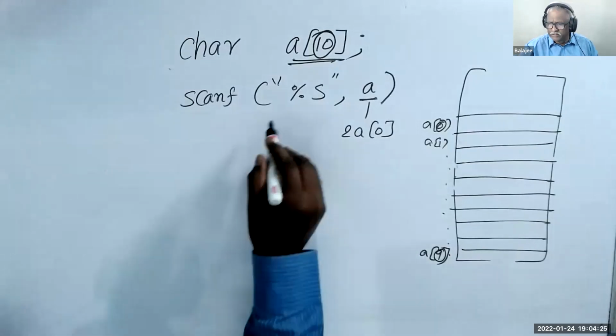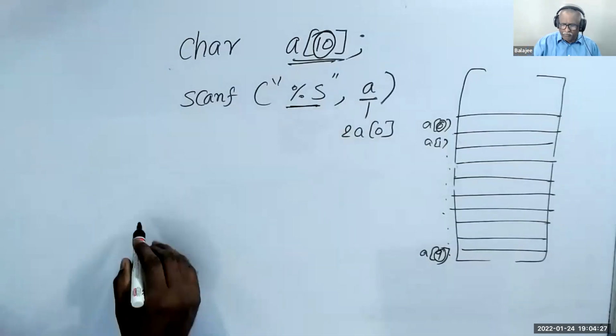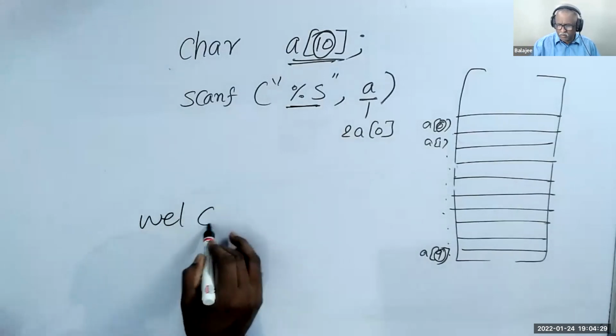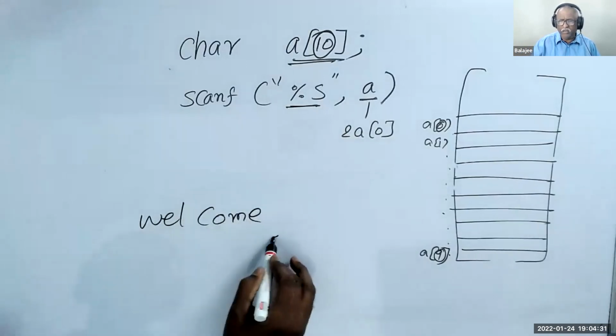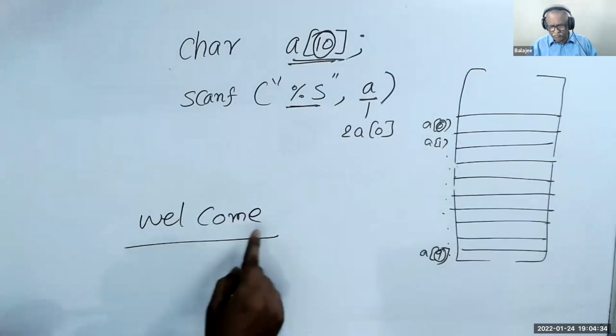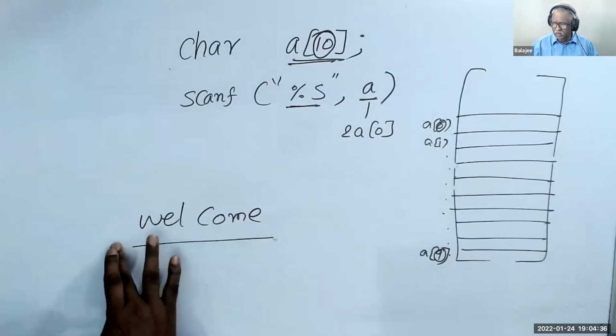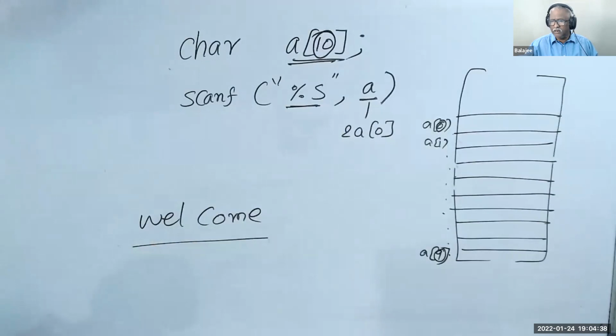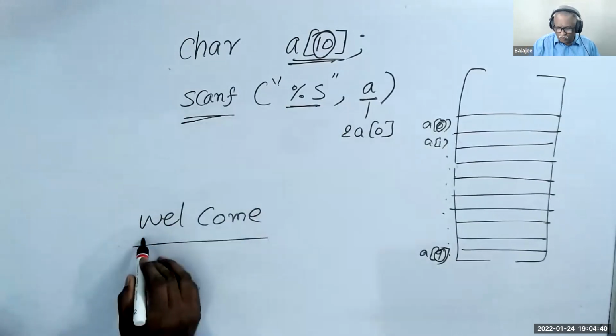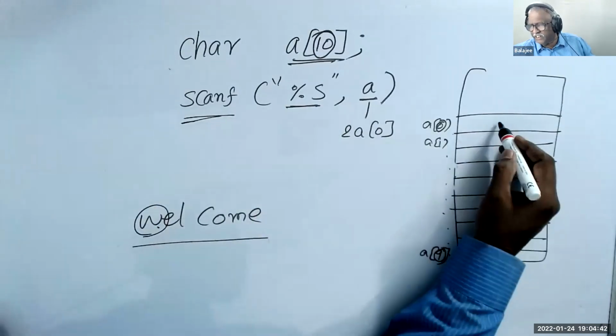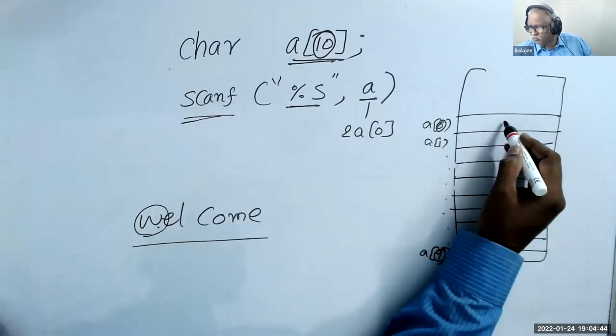Now, if you do it like this, on the screen you type welcome. Then the scanf will take W and put it here as its ASCII value.